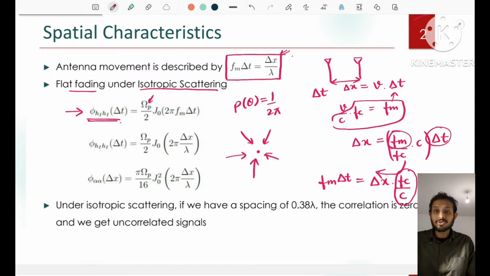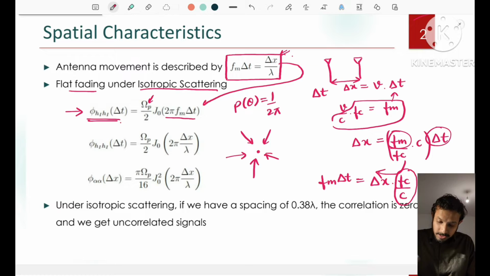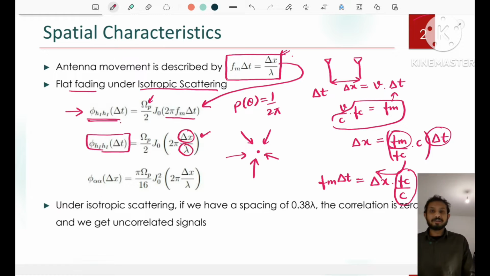J naught is the zeroth order Bessel function of the first kind, of 2 pi fm delta t. If we substitute this expression of fm into delta t, we are left with the correlation as a function of delta x and lambda.